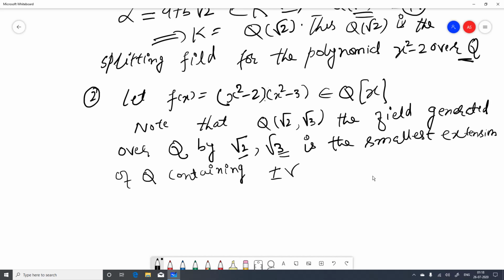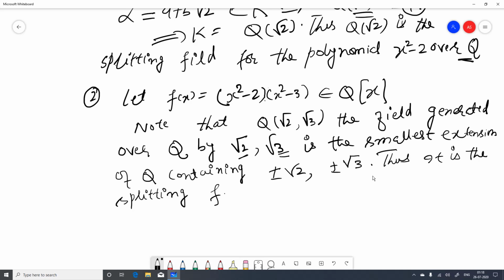So containing plus minus square root 2 and plus minus square root 3. So thus it is the splitting field of this polynomial. So it is the splitting field for x square minus 2, x square minus 3 over Q.